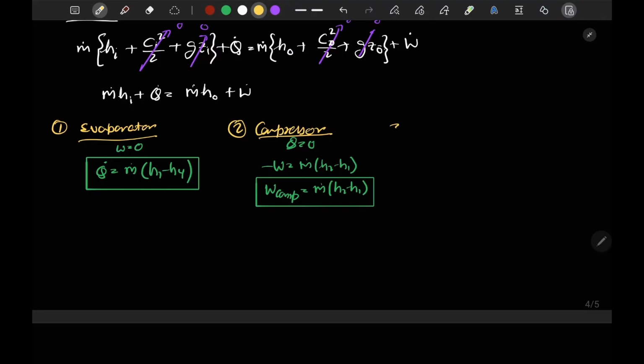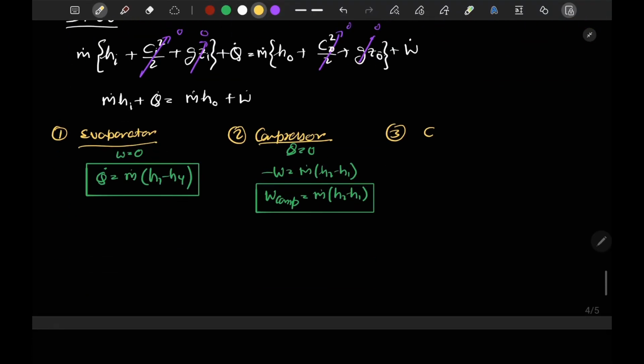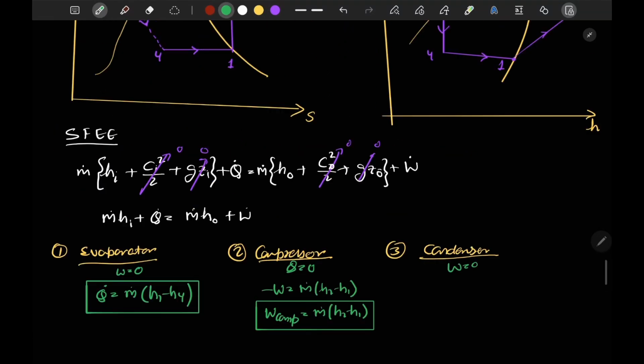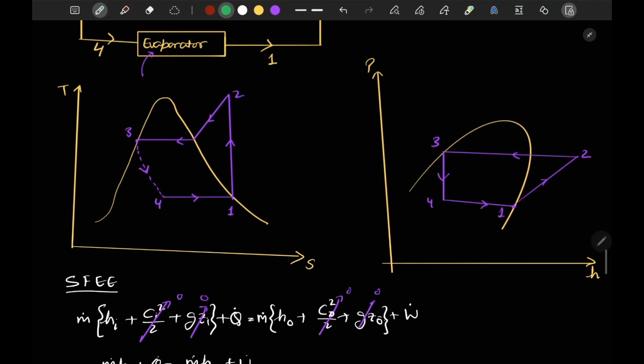Now the third device is the condenser. In the condenser also our work done is equal to 0, so again Q dot is equal to m dot times h outlet minus h inlet.